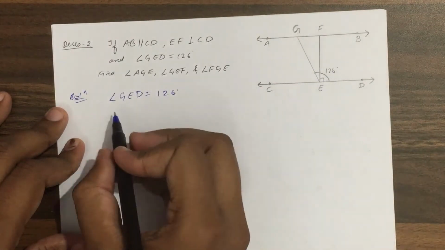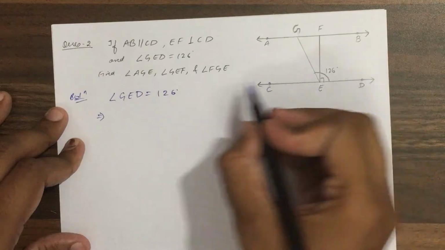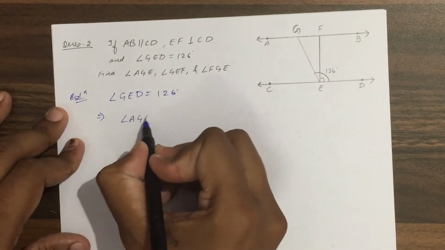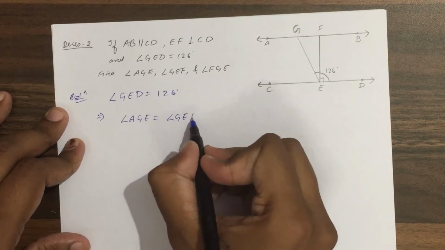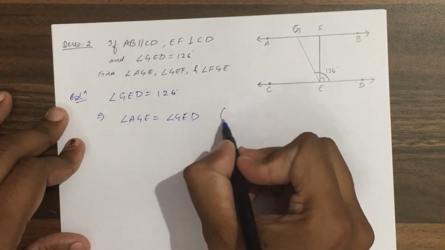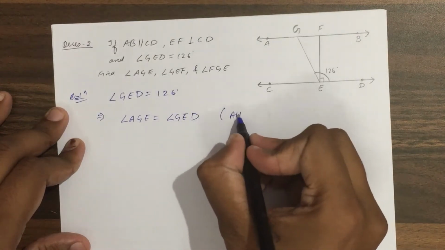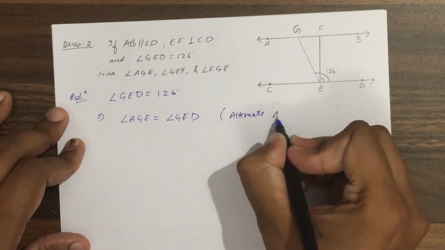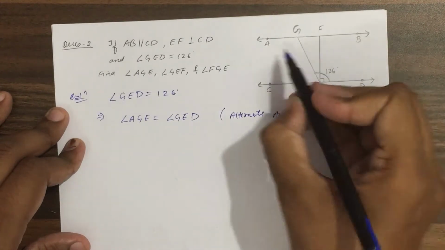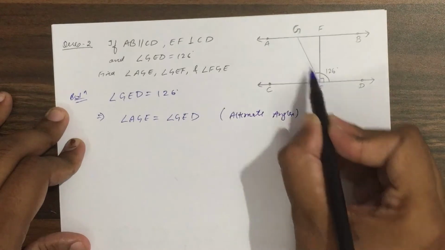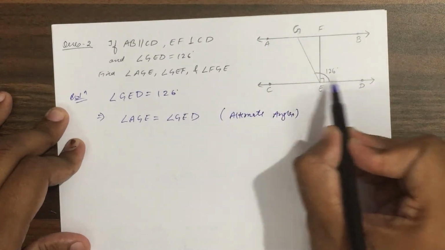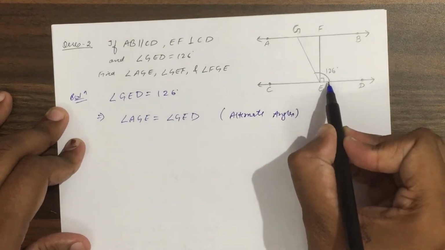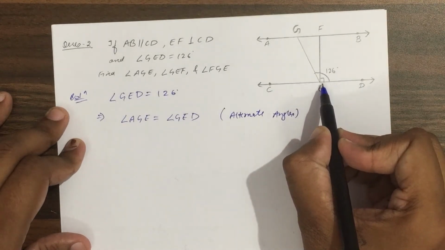Angle GED is given to you as 126 degrees. So you can say that angle AGE equals angle GED. Reason: alternate angles. This angle and this angle are equal because they are alternate angles.